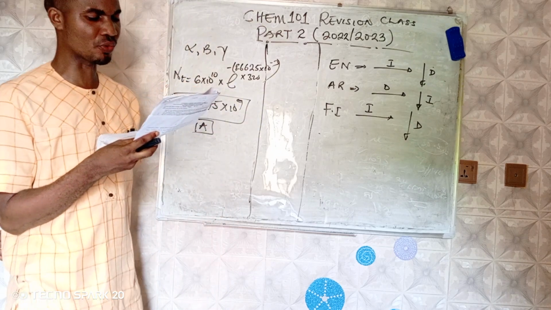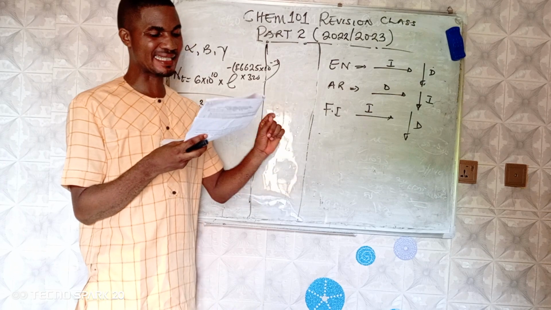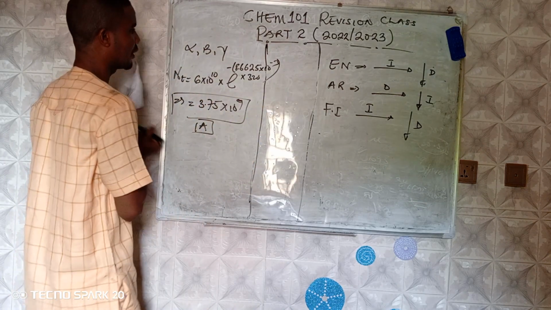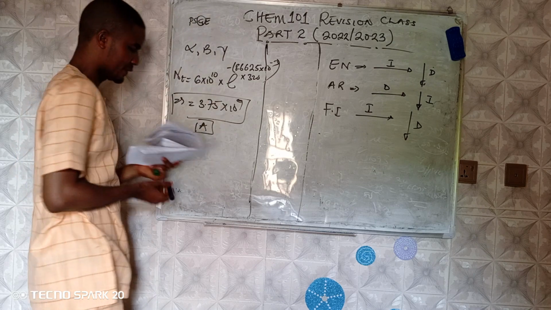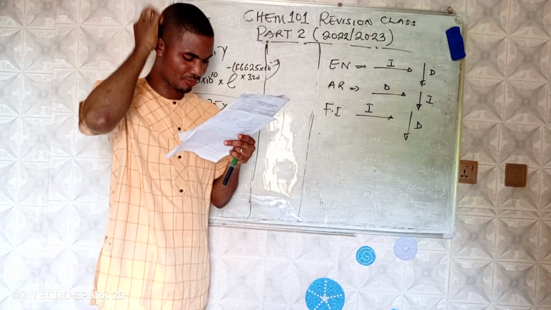37. Elements in the same group have. We have not forgotten our PSG electron. Elements in the same group have the same number of electrons in the outermost shell.